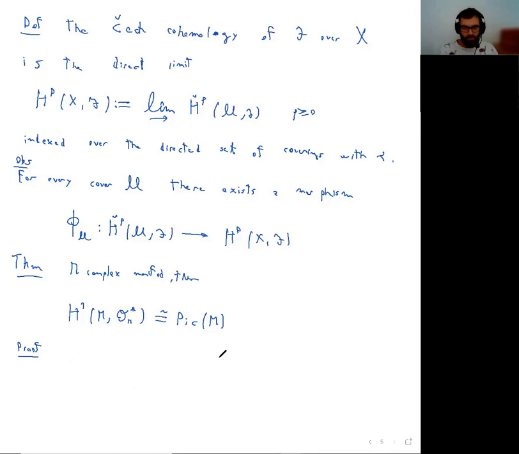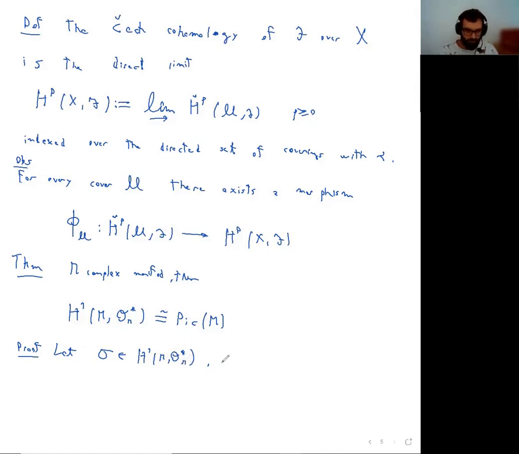The proof is not hard, but you do have to be careful about the way we define this. Basically, you just have to write down very explicitly the definition of this object. So let's do that. We take sigma, which is an element here. This is the direct limit.